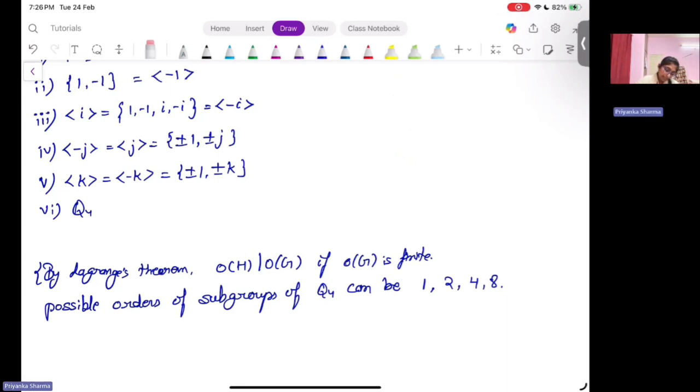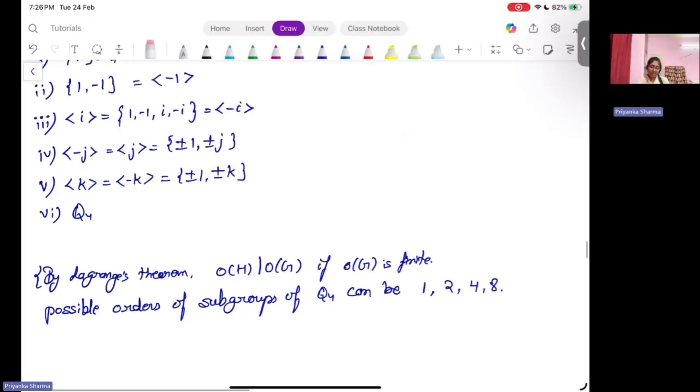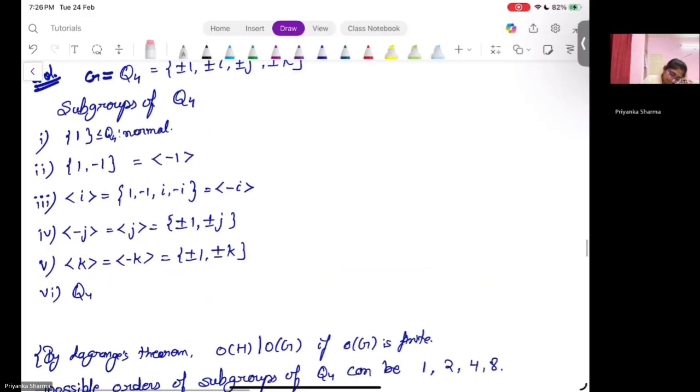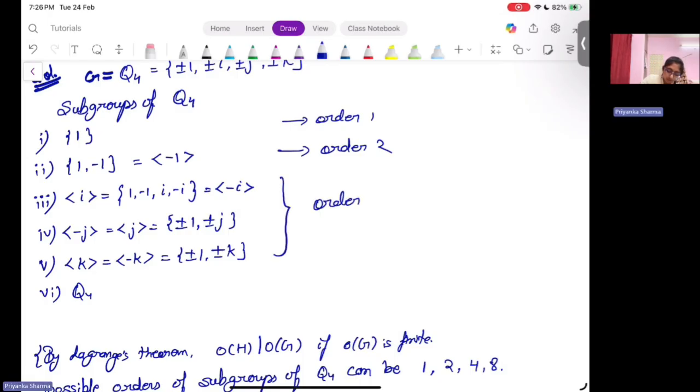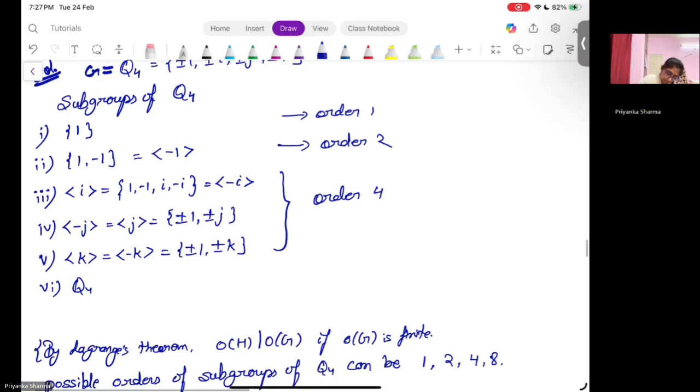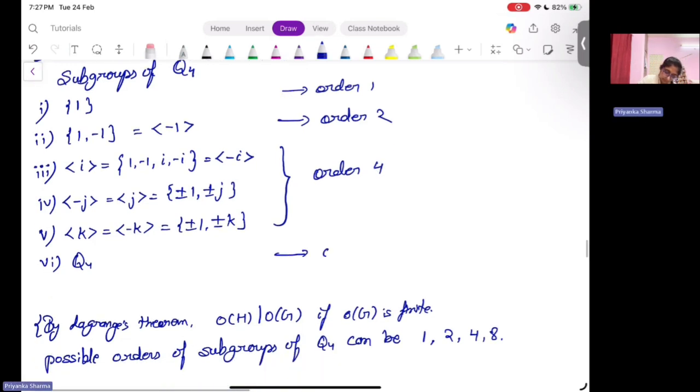That is, Q4 has one subgroup of order 1, one subgroup of order 2, three subgroups of order 4, and one subgroup, which is obvious, of order 8.